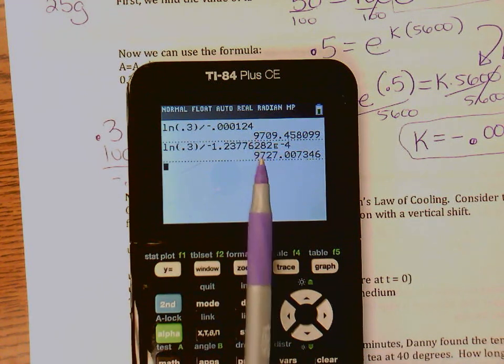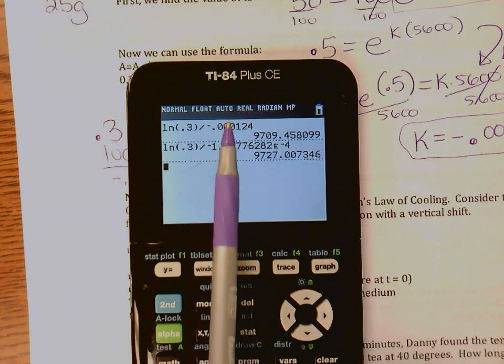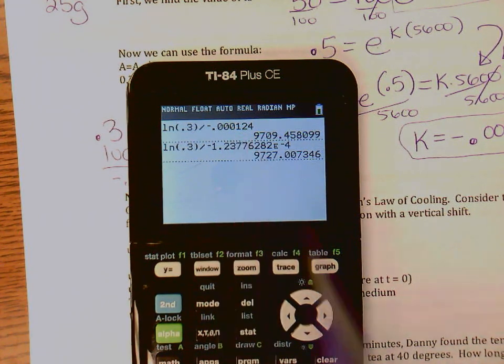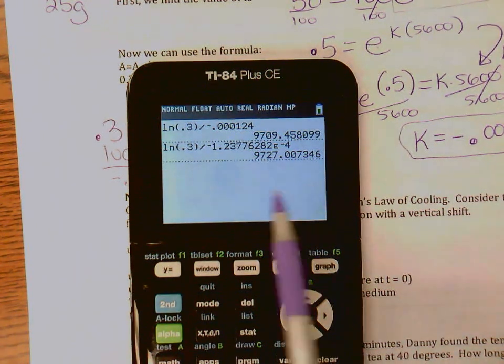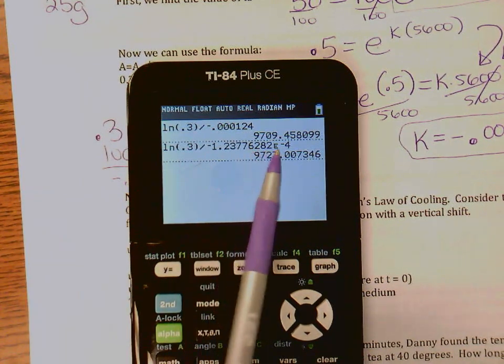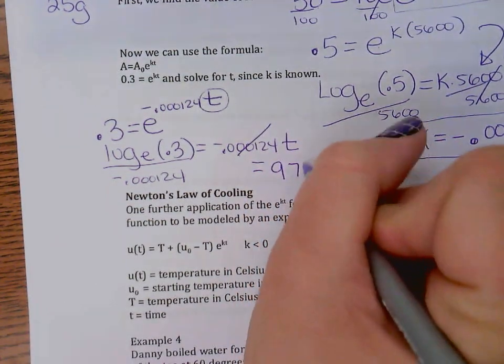I would count them both correct on a test or a quiz, but you need to write down what your K value is so that I can double check that your answer makes sense for your K value. So I'm going to put the exact answer, 9727, but if you wrote just the K value down, you might want to put 9709. But the exact value is 9727 years old.